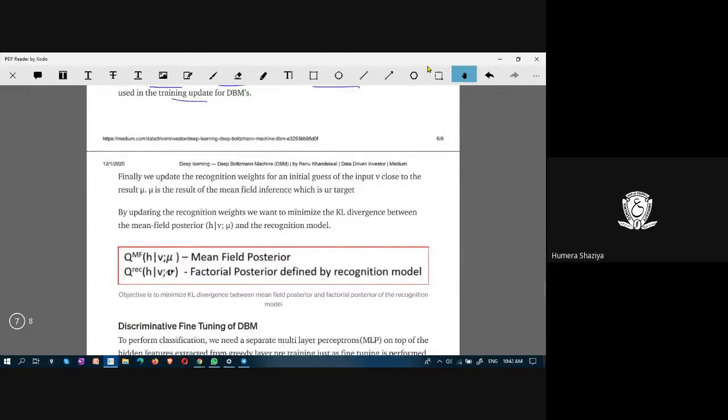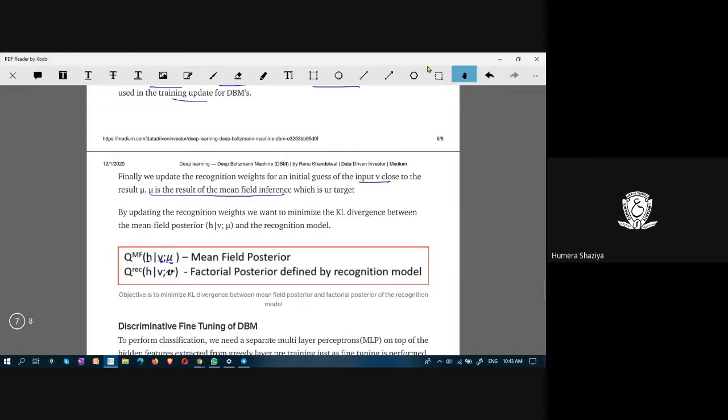And this one is the equation given for the mean field posterior distribution and factorial posterior model. So this is H, the hidden unit or hidden layer, conditioned on V, the visible layer, and this is mu. This mu is the result of mean field inference, and then V is the guess of the input.